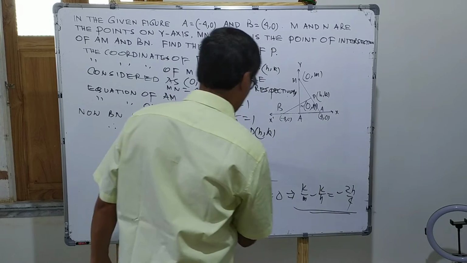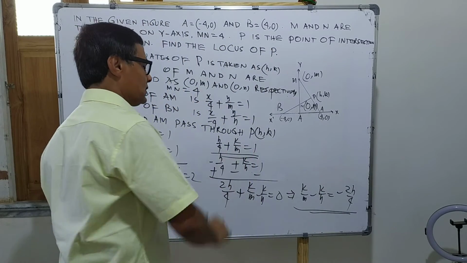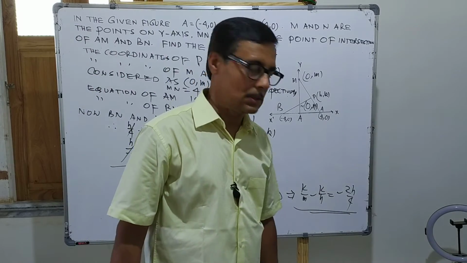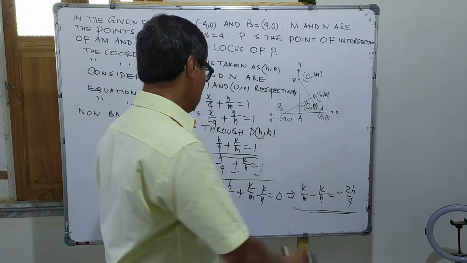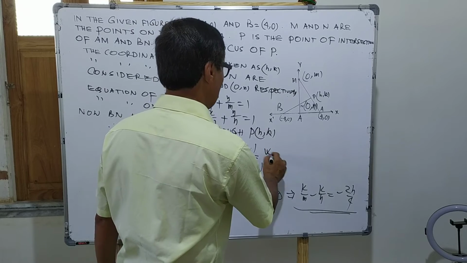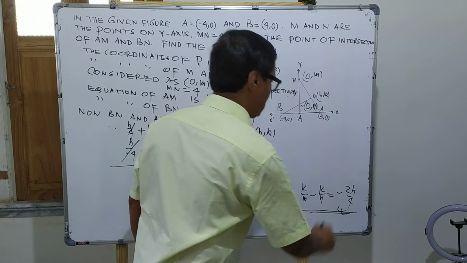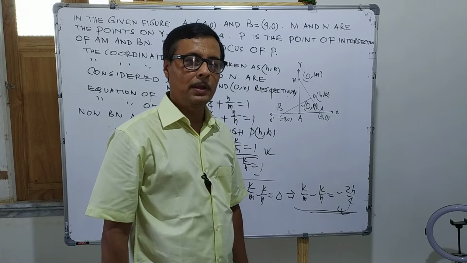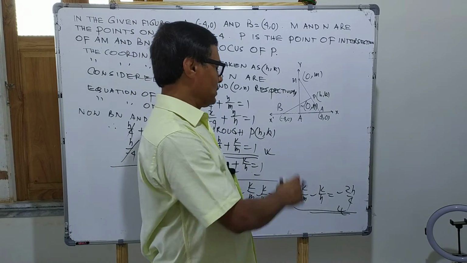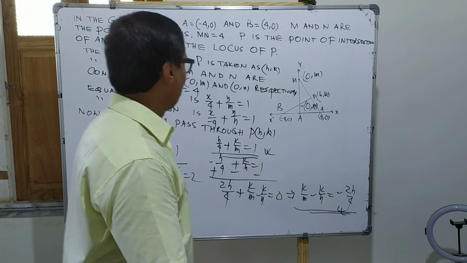These two equations are simultaneous equations in the variables 1 by m and 1 by n. So we can solve these two equations.